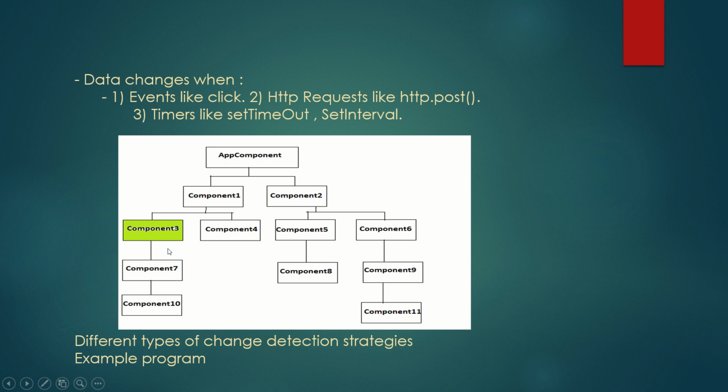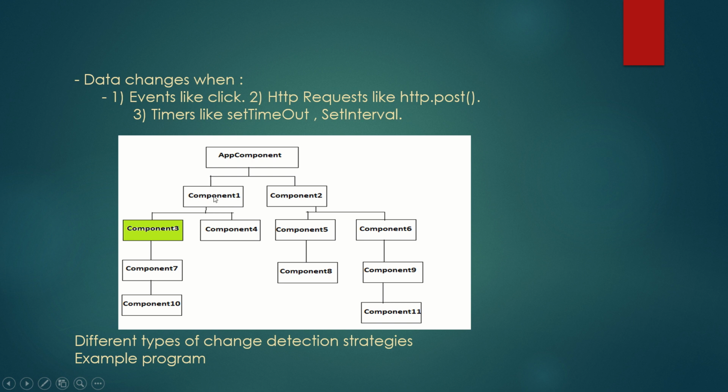Here, one more important thing about the OnPush strategy is, suppose component 3 depends on component 1. Component 1 is passing some data as an object to component 3. This object has some properties. If component 3 is using the OnPush strategy, whenever in component 1 that object is completely referring to a new reference, then only this change detection process runs through these 3, 7 and 10.